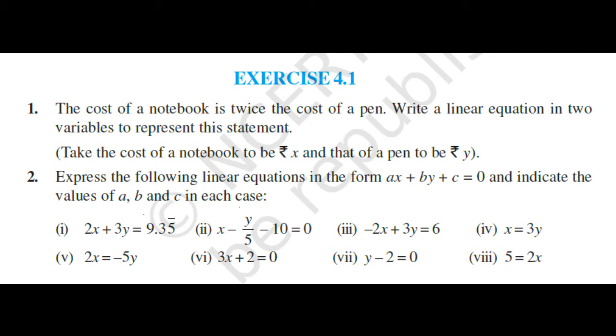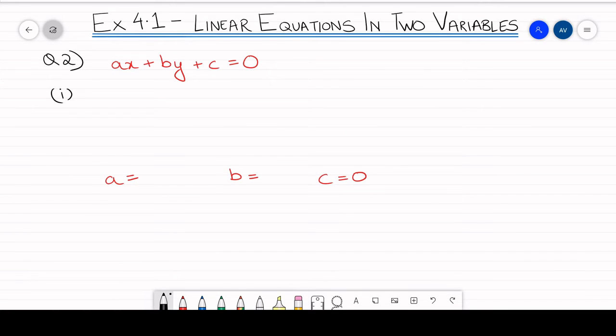Question number 2 has 8 parts, and it says express the following linear equations in the form of ax plus by plus c and indicate the values of a, b and c in each case. The first part of question number 2 gives us 2x plus 3y is equal to 9.35 bar.